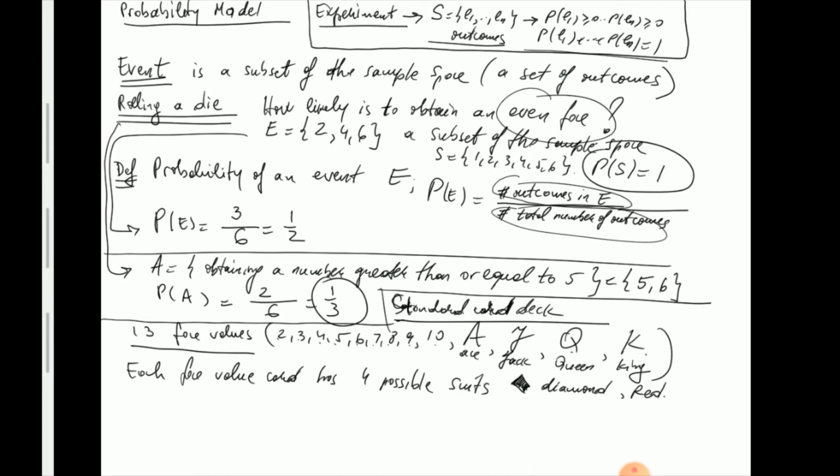Then we have the heart, which is also red. And we have the clubs, which is black. And the spade, I'm not too good at drawing stuff here, which is also black.